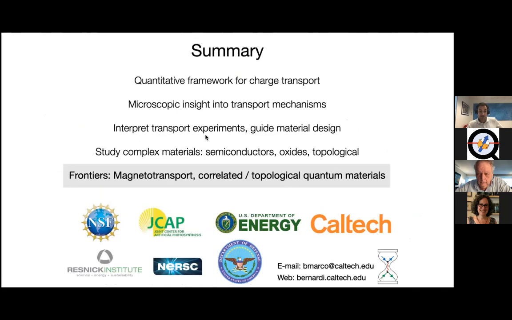They can also help interpret transport experiments, inform efforts to design new materials. I've shown you that we can now study, thanks to these advances, various classes of conventional and quantum materials, and I have highlighted new frontiers such as magnetotransport and calculations in correlated and topological quantum materials.